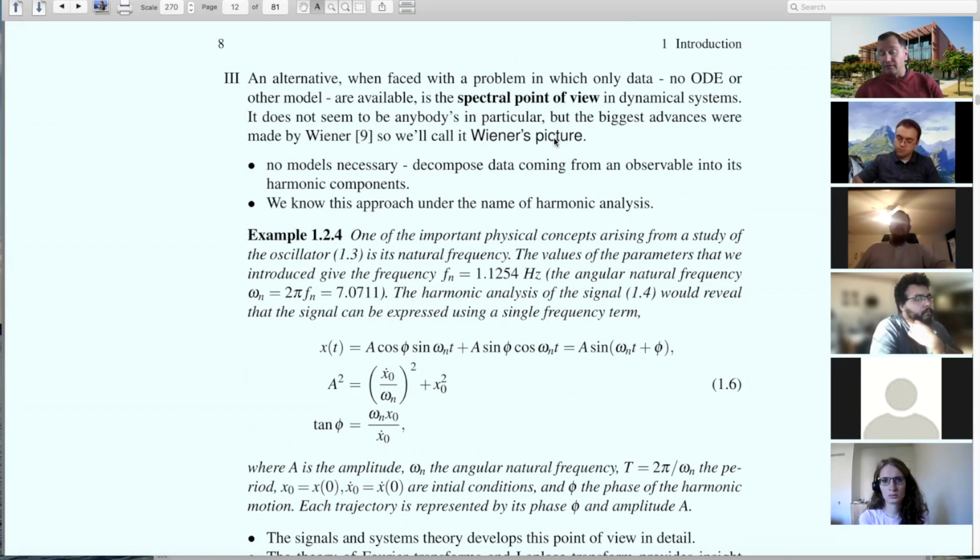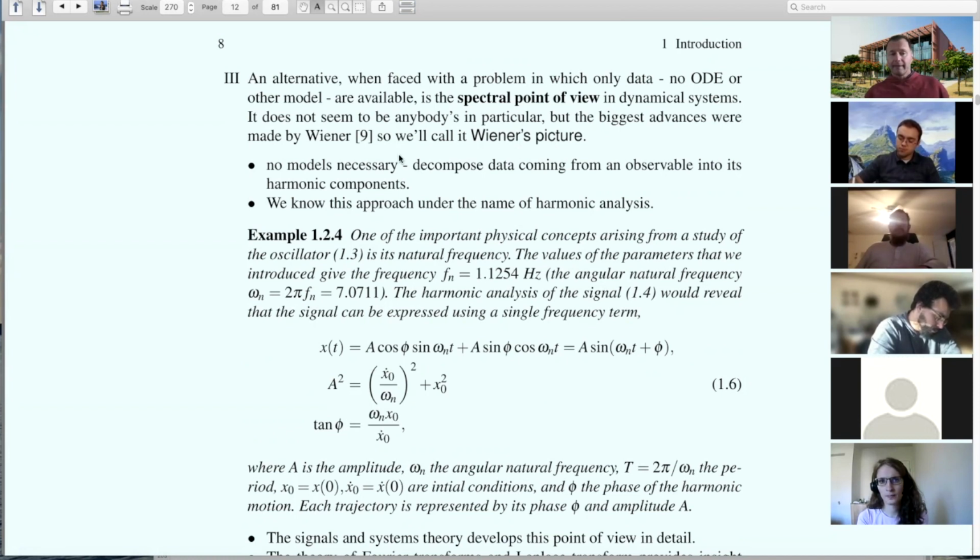He made the largest advances, including writing a book called Generalized Harmonic Analysis that tells you how to deal with processes and signals that have aperiodic nature. How do you deal with them still within the context of harmonic spectral analysis?